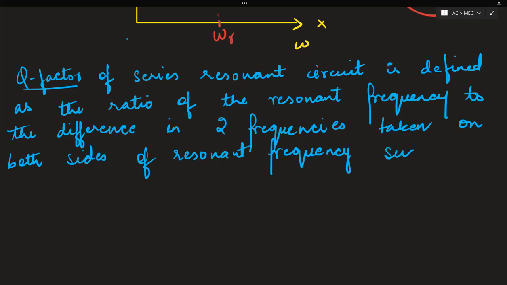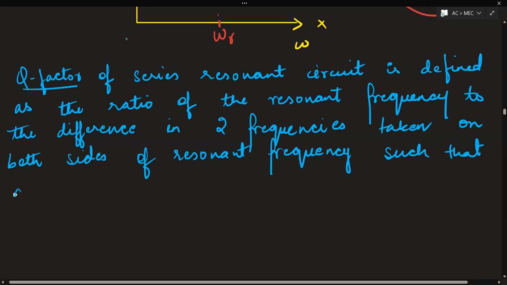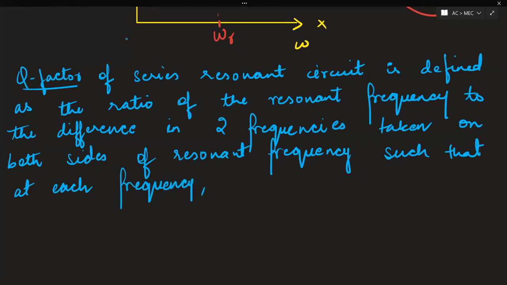such that at each frequency the current amplitude becomes 1 by √2 times the value at resonant frequency. In the exam you have to write this definition.